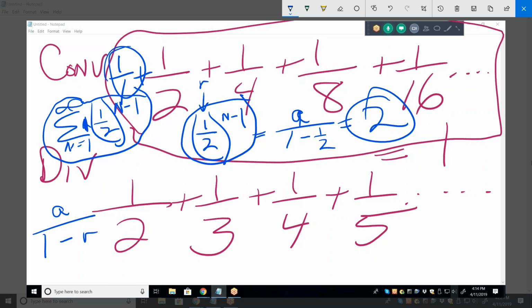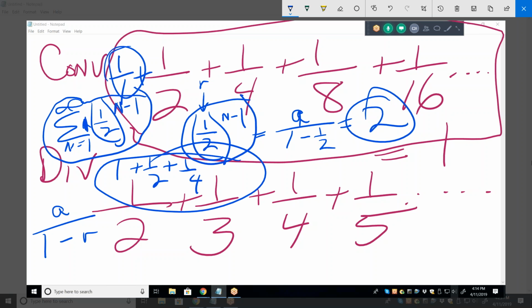And r is the number in the parentheses being taken to that exponent. So the first term of this series that I've written in blue with the sigma notation is not 1/2, it's 1. Then you go to 1/2, and then you go to 1/4. So you can see why that adds to 2.